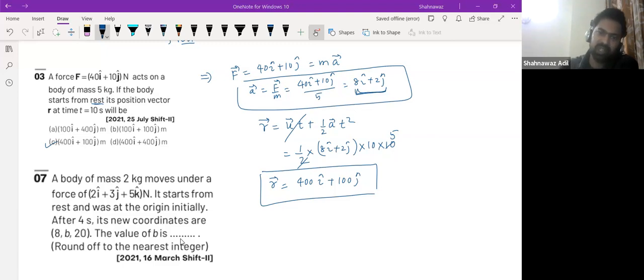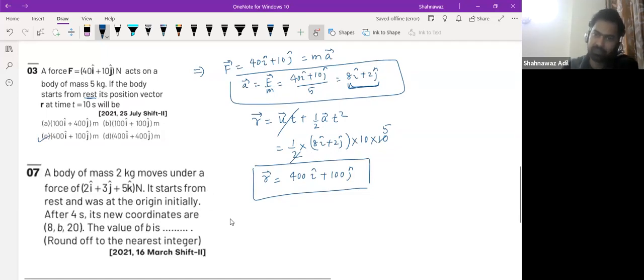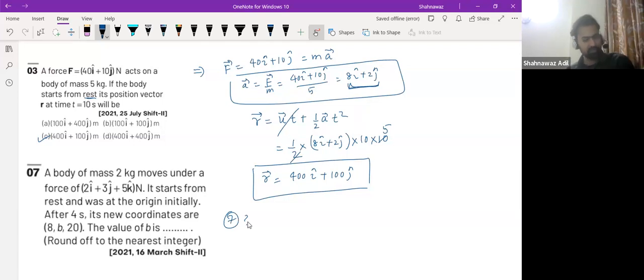Good. So then please do this seventh one. Using the same idea, please do the seventh question. And remember, how do we write the coordinate?